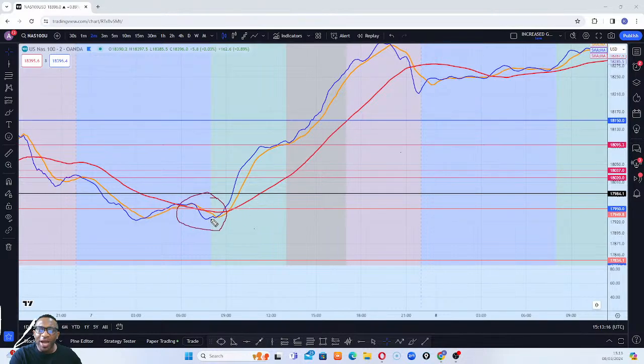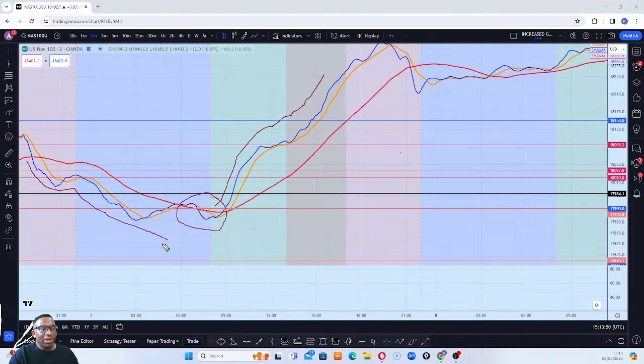Whenever you find price, the green and purple bars that I have on my charts, walking above the blue line, that means we are in an uptrend. When you find price walking below this blue line, that means we are in a downtrend.